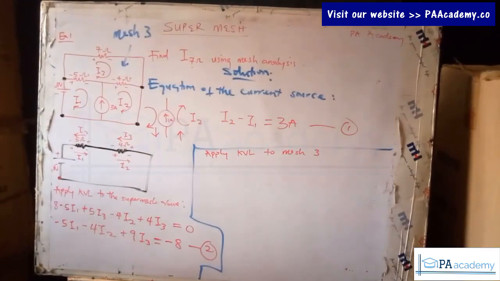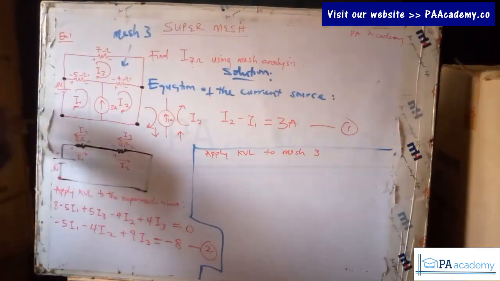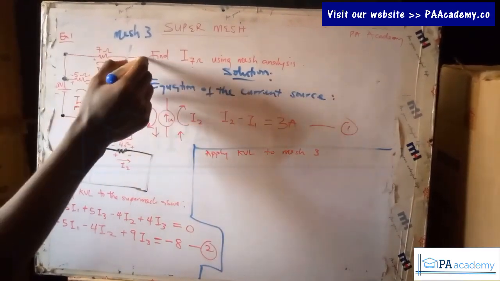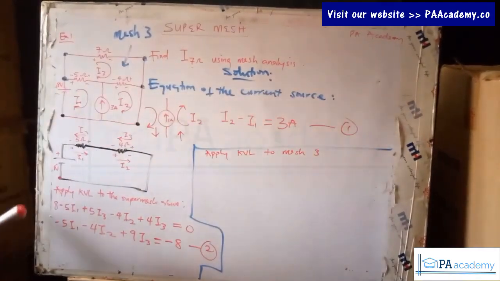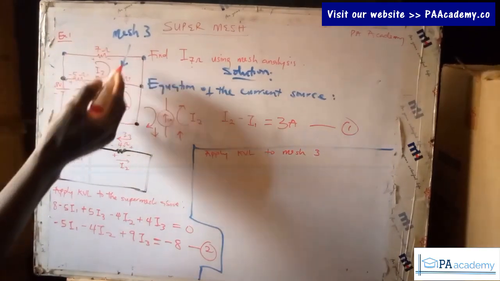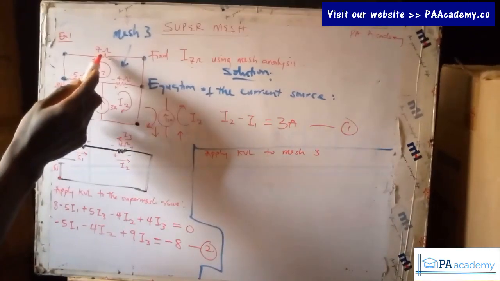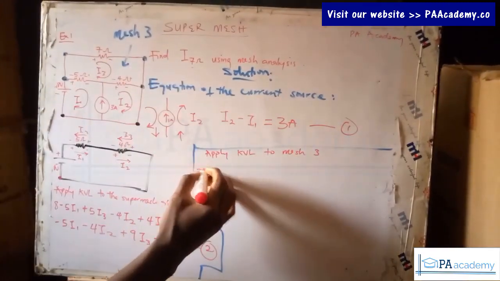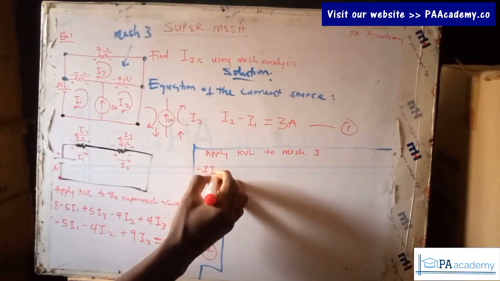So if you are to apply KVL, let's start from this point, in this direction, and go around. The first element we are coming across, the first resistor, from plus to minus, that's going to be minus 7 I3.